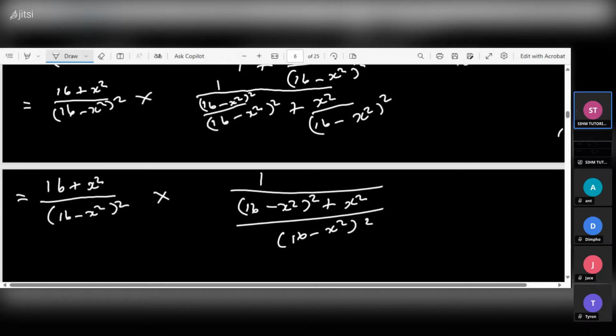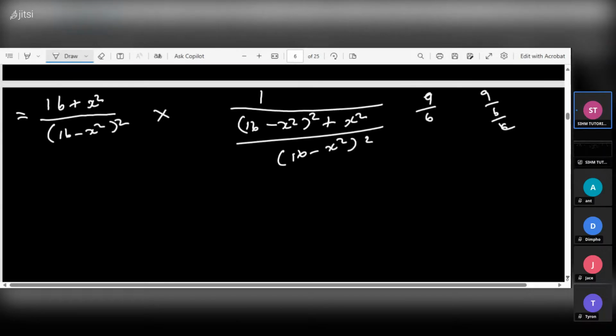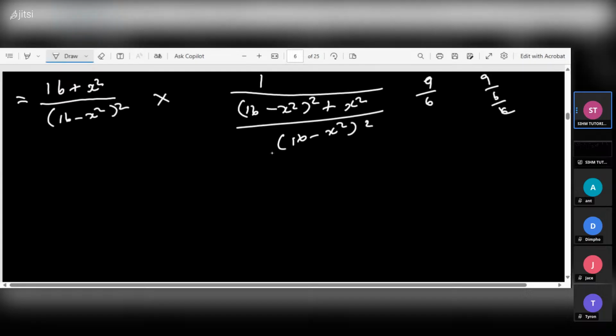So if it's supposed to be this, you need to have the function of a divided by b, but here we have a divided by b divided by c. So for us to overcome this, we're going to take this one up here, and then this will remain that way.